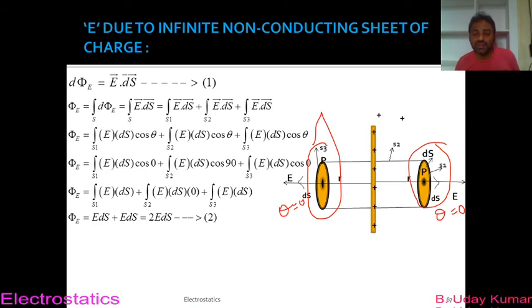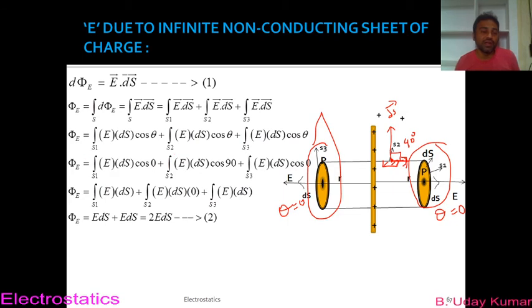But here, at this region, if the small area element that I choose is this one, its direction will be like this. So ds is directed upwards, but at this point the electric field intensity will be directed towards the right. So in this region at S2, the angle between E and ds will be 90 degrees. Substitute those values here.